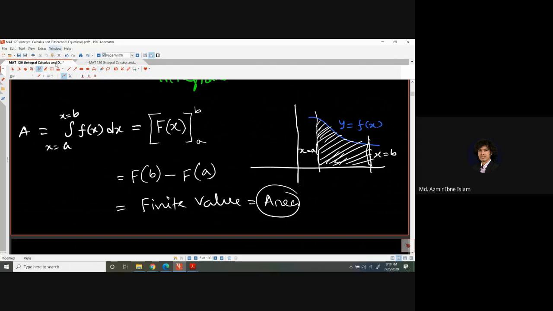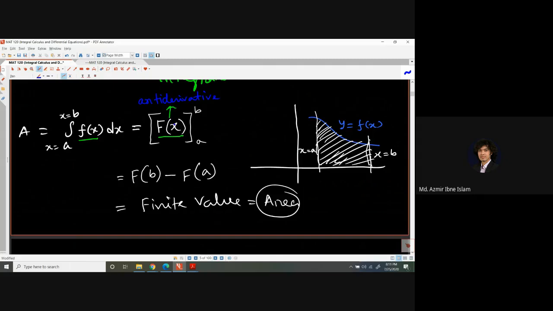Here you can see that I have written one function, capital F of x, and here a small f of x. This capital F has a specific name: it is called antiderivative, or we can also say antiderivative. Both pronunciations are correct.